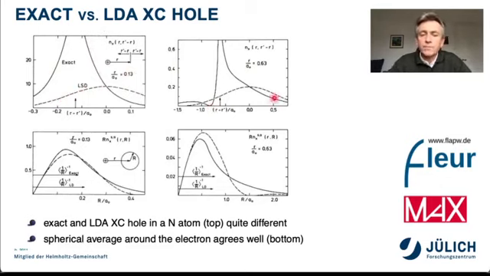So you wouldn't expect a good performance for this, but if you compare now at the same point the spherical averages around this point, for the exact and for the local density approximation, then you see there's actually quite good correspondence in these two different positions here, and the fact that this is not so sensitive to the real form, but just to this averaged form here, actually makes the LDA quite good in practice.